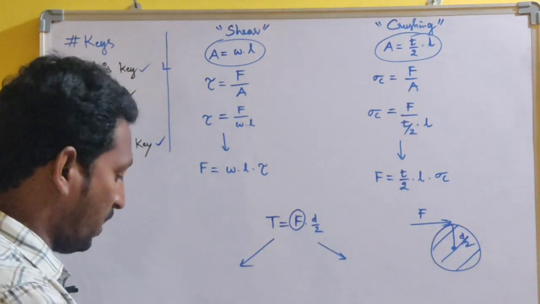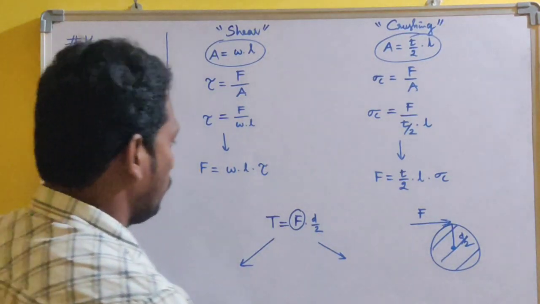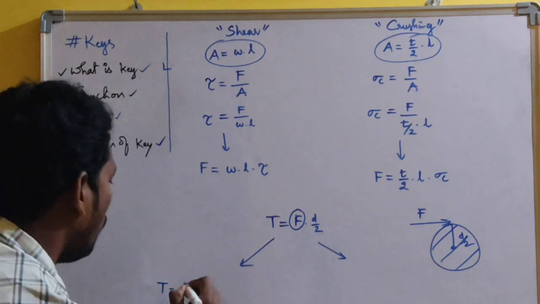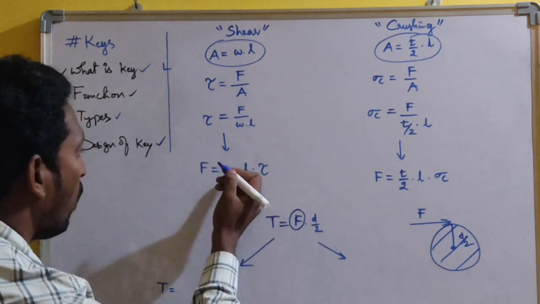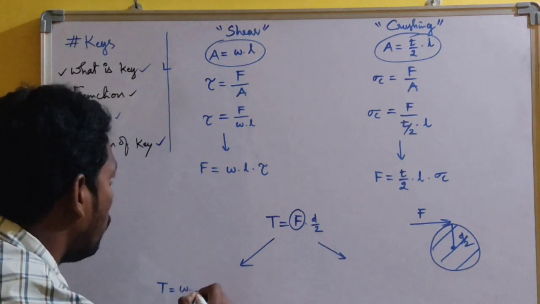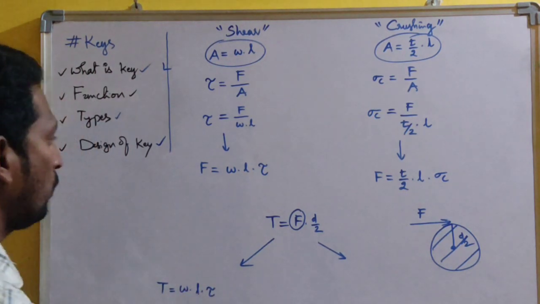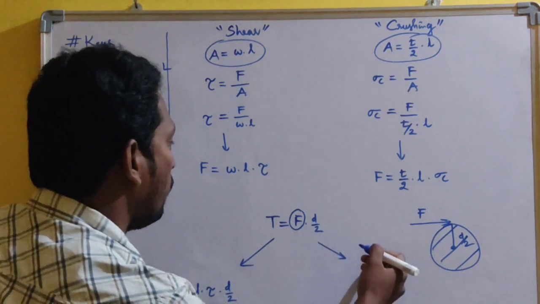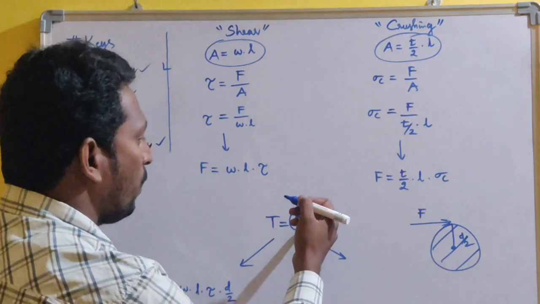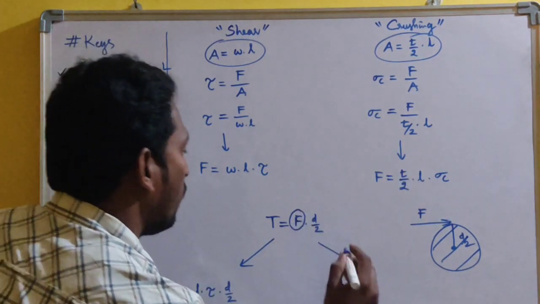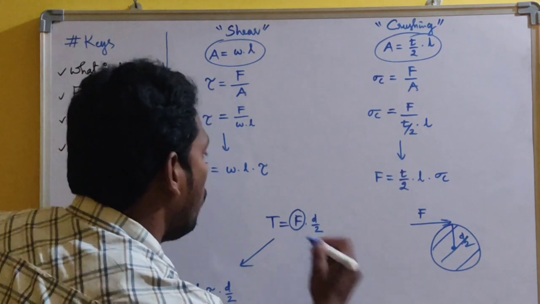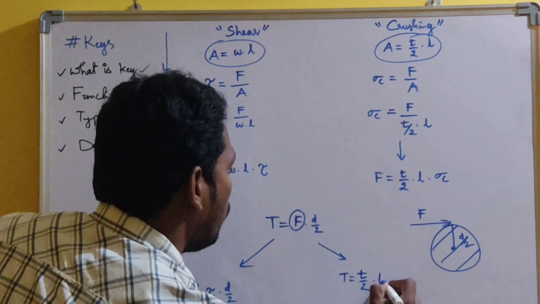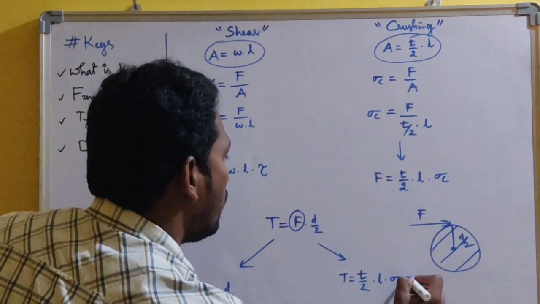Now we will see that T equal to F. In place of F, we substitute this one, W into L into tau into d by 2. In the same relation, in place of F, we substitute the other relation, T by 2 into L into sigma c into d by 2.